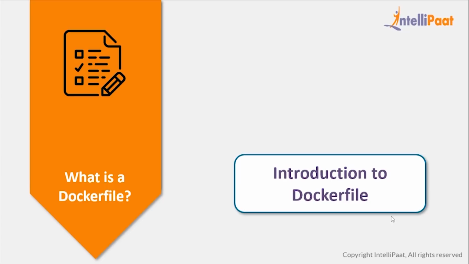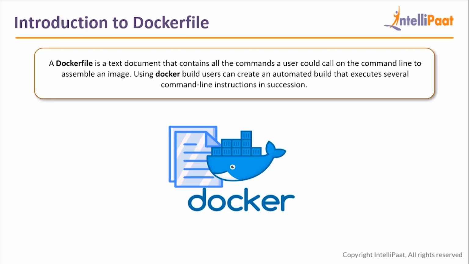A Dockerfile is nothing but a text document in which you write how you want your container to be customized. One example, like I just told you, was when I did it manually. I ran a container, went inside it, installed the software, came out, committed the container, and then pushed it onto Docker Hub. Now, all these changes can be automated using a script style, which we call the Dockerfile.